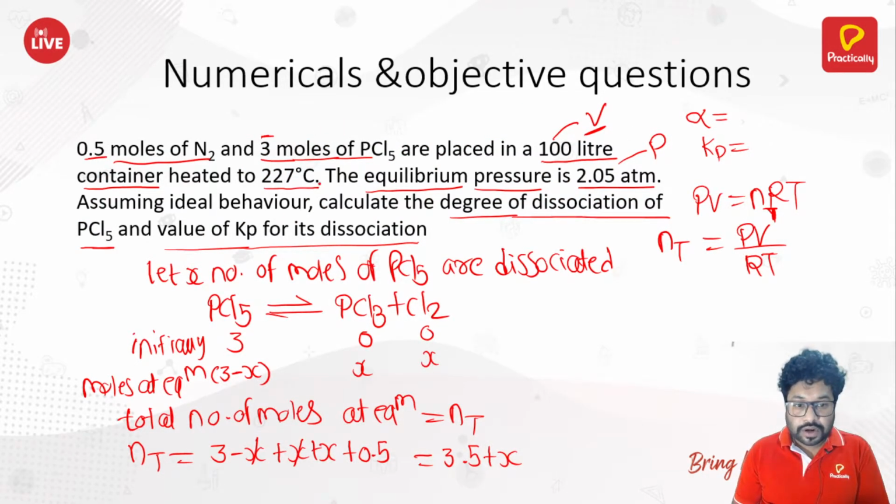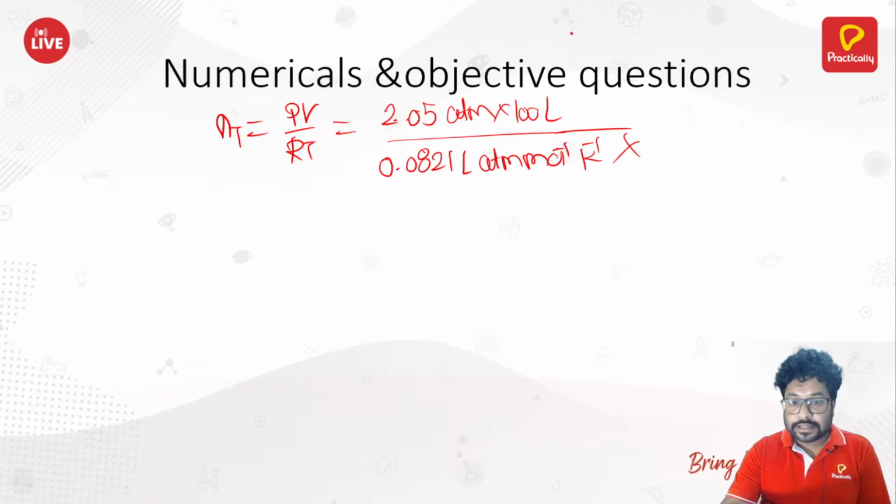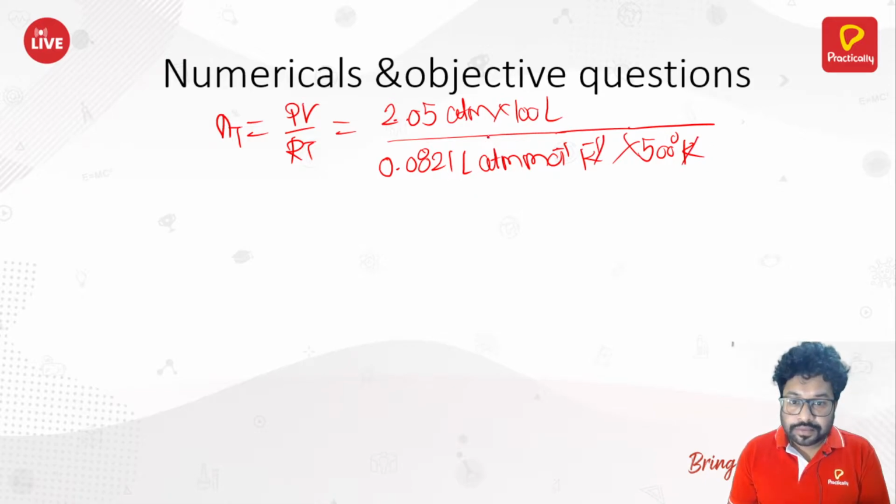How much is the temperature? 227 degrees Celsius plus 273. 273 plus 27 is equal to 300, plus 200 more, so 500 Kelvin. So this is multiplied by 500 Kelvin. Now Kelvin per Kelvin gets cancelled, atm gets cancelled, liter gets cancelled. You should get per mole only, and per mole going up becomes mole.